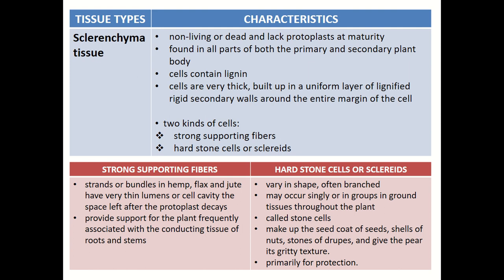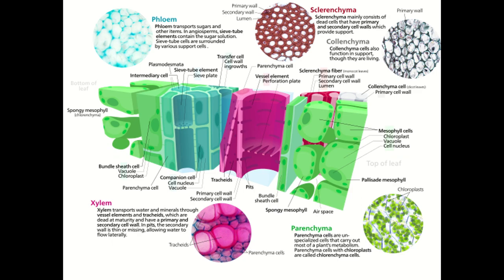They are called stone cells because they are very hard, making up the seed coat of the seed, shells of nuts, stone of drupes, and giving the pear its gritty texture. And primarily, of course, it is for protection. Okay, here you can look by yourself later: sclerenchyma, collenchyma, and parenchyma.